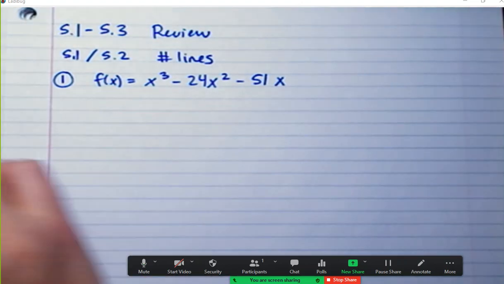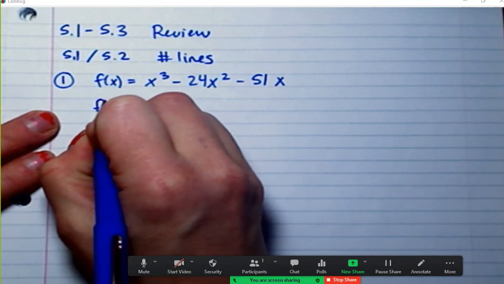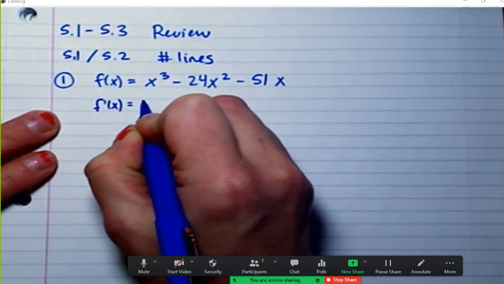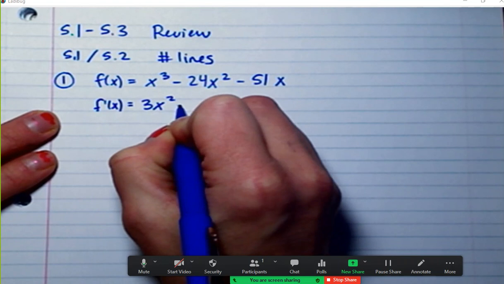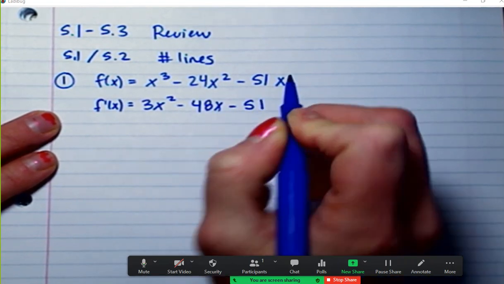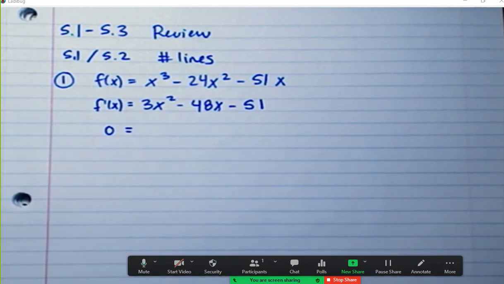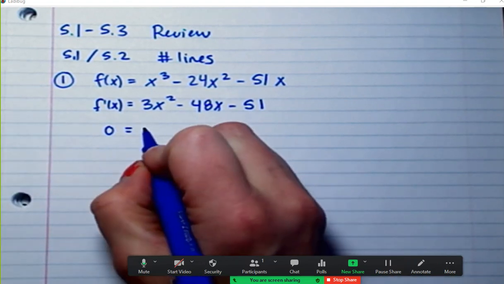All right. So, let's do f prime of x. I'm going to start with the derivative, and I'm going to start by finding the zeros of the derivative, right? Because I'm going to make the number line.